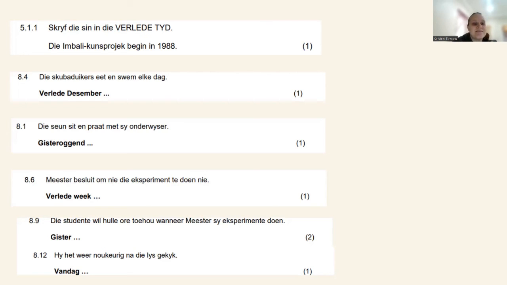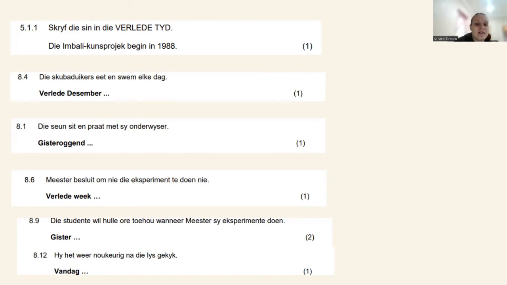Next question, meester besluit om nie die eksperiment te doen nie. Verlede week het meester besluit om nie die eksperiment te doen nie. So there, besluit doesn't get a ge, and you need to remember that om nie die eksperiment te doen nie is your infinitive and needs to stay at the end of the sentence.